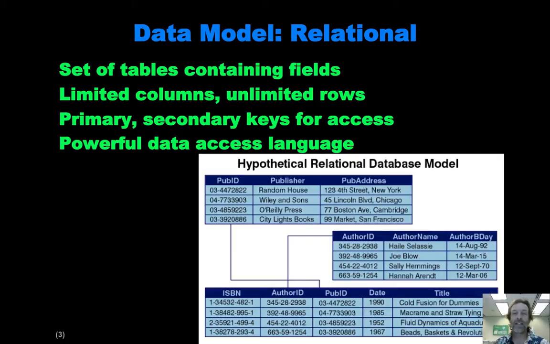And that enables people to build highly reliable database systems that maintain data integrity and are resistant to failure and have all sorts of desirable properties. Okay, so there's a reason why the relational data model is so popular. It's a really, really good one.